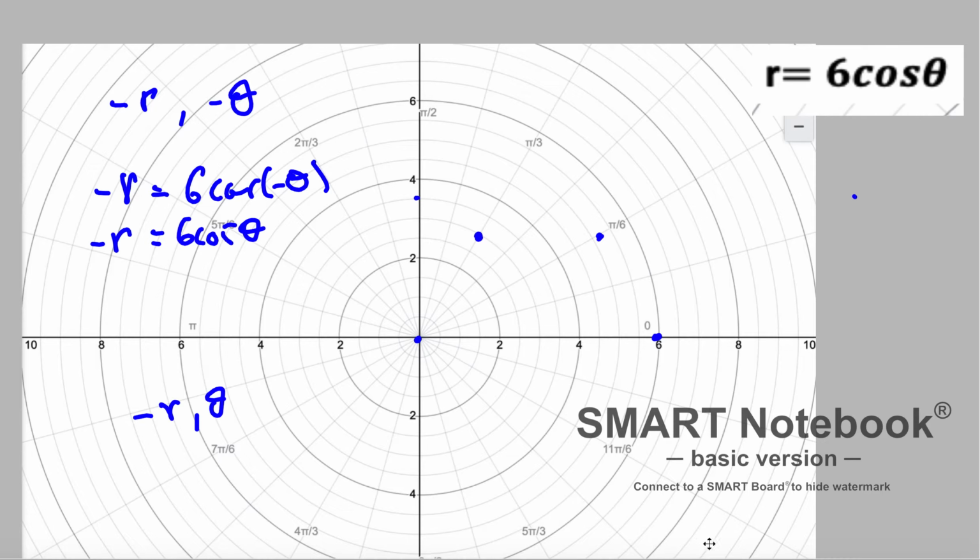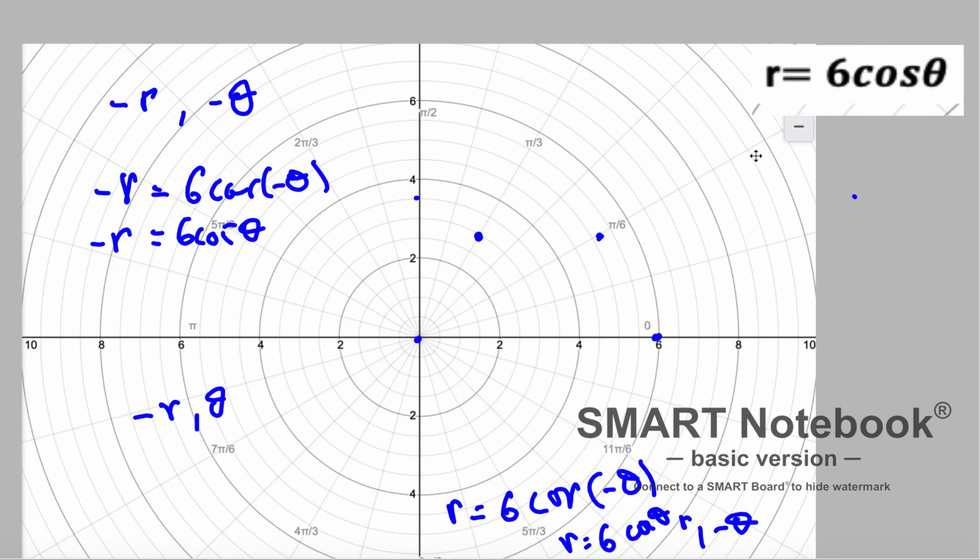But for example, if we check the symmetry with r and minus theta, because the cosine theta is even, it is going to hold, since it yields the same equation: r equals 6 times cosine theta, which is the same as the original equation.